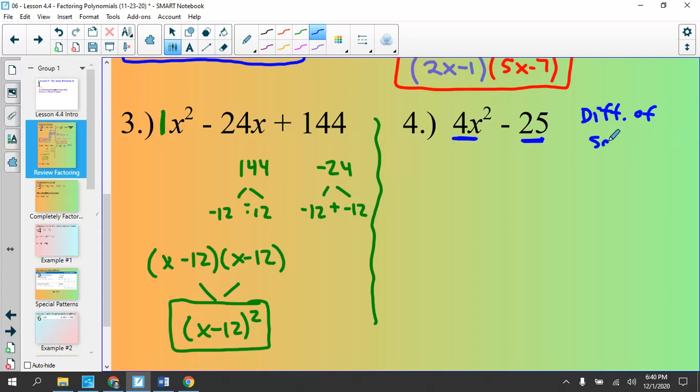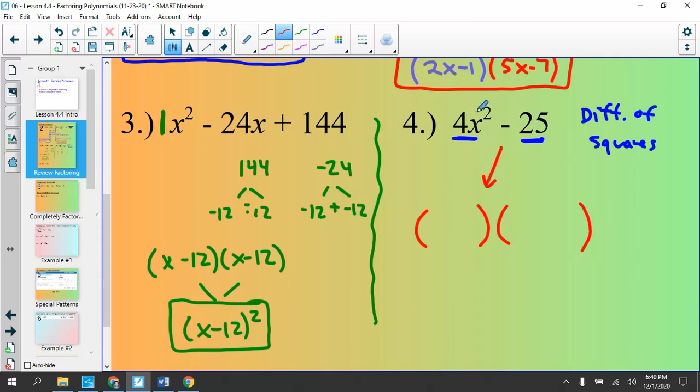of squares pattern. And again, I'm putting a little bit more emphasis on it because I know it's going to come up later. Difference of squares pattern. It's exactly that. It's a pattern where it's going to factor. I'm going to jump right from this to factored, as long as I recognize that it's that type of pattern.